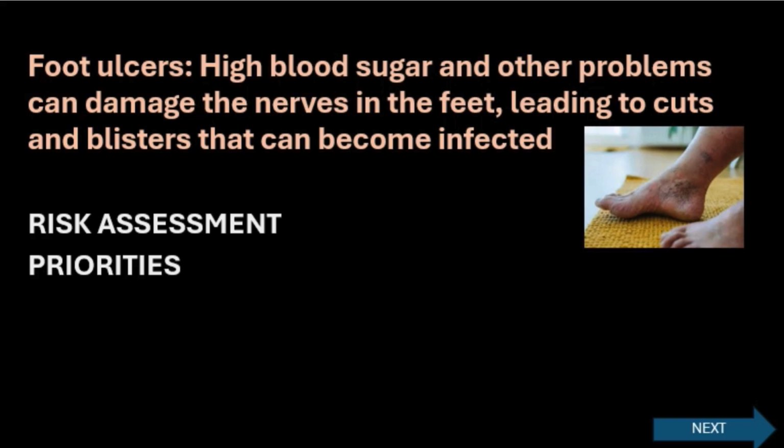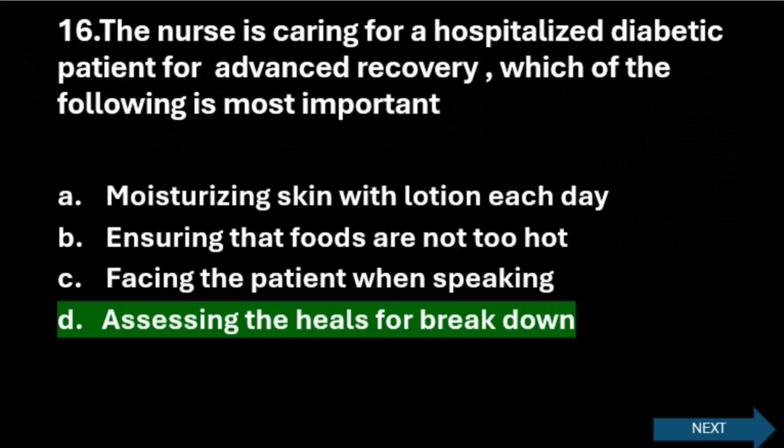Here, in diabetic patients and elderly persons, the risk of foot ulcers is high because it can lead to complications like diabetic foot. So foot ulcers will be the priority here. We have to assess for foot ulcers, and if they are there, you have to do the interventions. But the first thing is to assess the heels for breakdown to prevent foot ulcers.